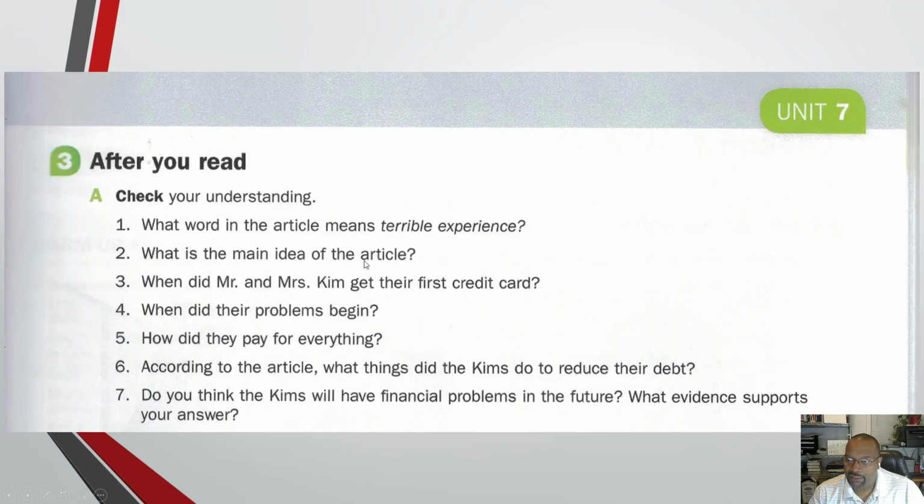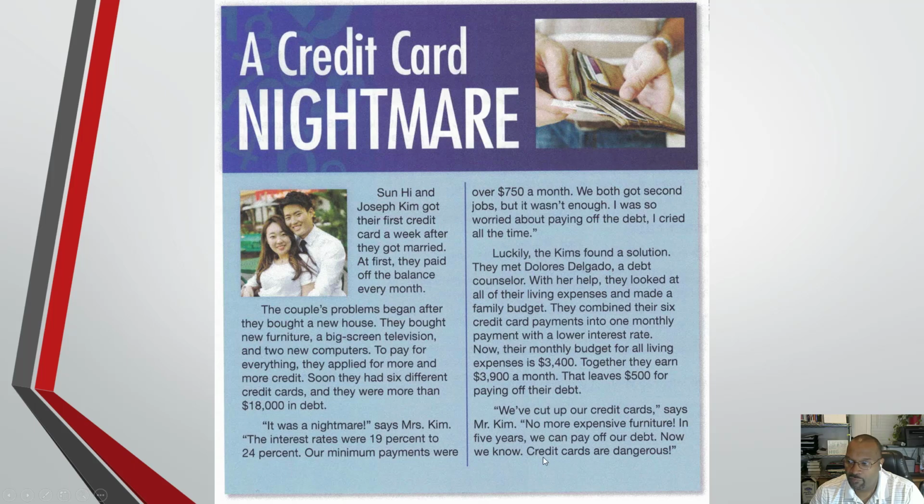What is the main idea of the article? To me, the main idea of the article was credit cards are dangerous. So if we look here, this is where I got the main idea. Credit cards are dangerous. That's why they were a nightmare.